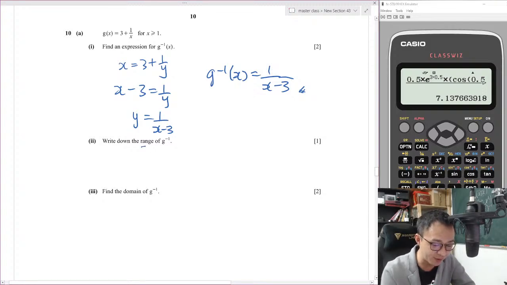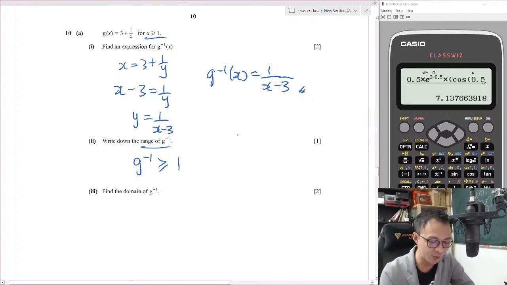And then they ask you to find the range of G inverse, which equals the domain of gx. So without doing anything, I know G inverse is bigger or equals to 0. Just copy your domain. Now they ask you to find the domain, so what I want to do is find the range first. You should know this is a reciprocal graph.